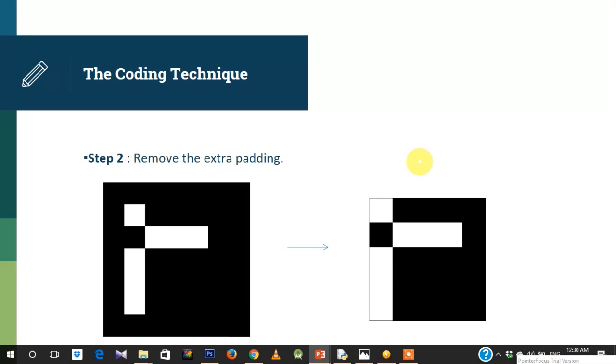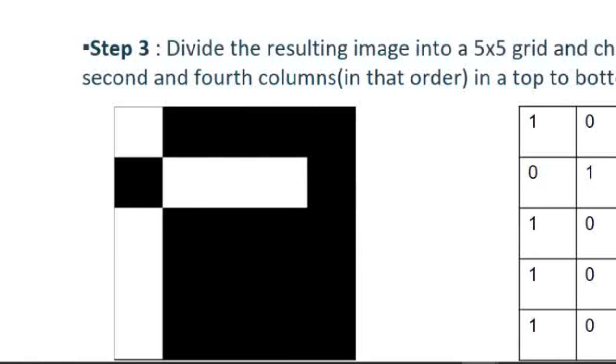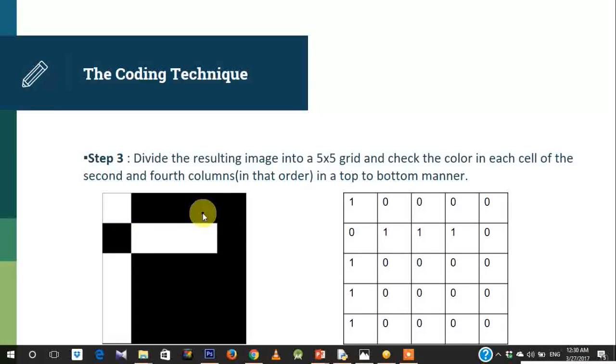The outer matrix has to be removed to get the inner 5 cross 5 matrix. So we remove the extra padding, and this is the result that we obtain, which is a 5 cross 5 grid. Now in the 5 cross 5 grid, as I already mentioned before, the second and fourth columns only represent data. The rest of the columns are parity bits.